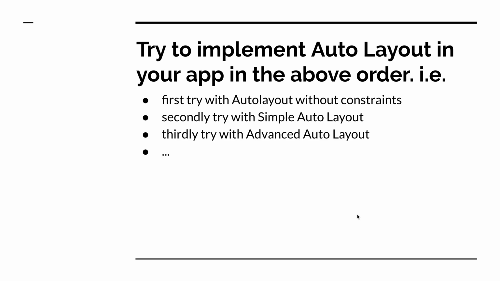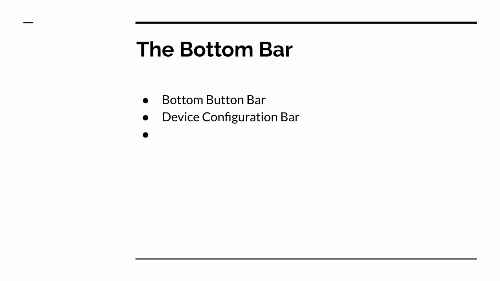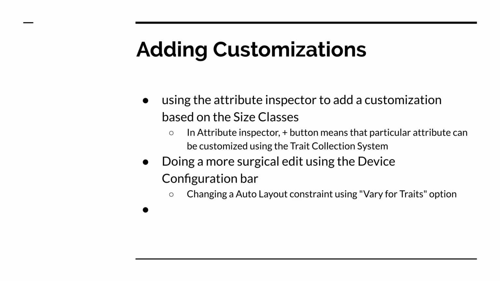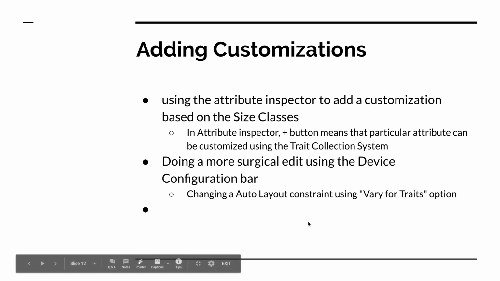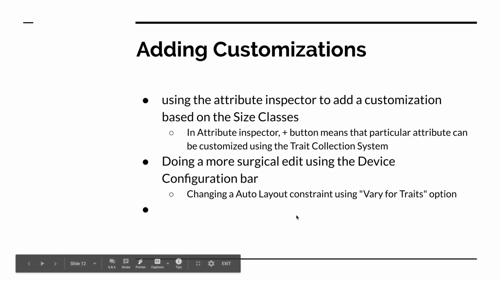Now always try to implement auto layout in this order, as we discussed. And customizations, we discussed what customizations are. We used the bottom bar and the device configuration. We added customizations. So there are 2 options: either you can use the inspectors and do it, or you can use vary for traits. Changing auto layout constraints using the device configuration bar, vary for traits.